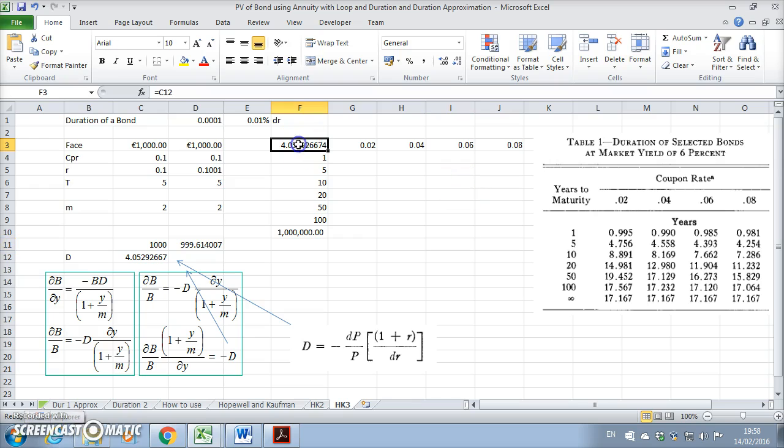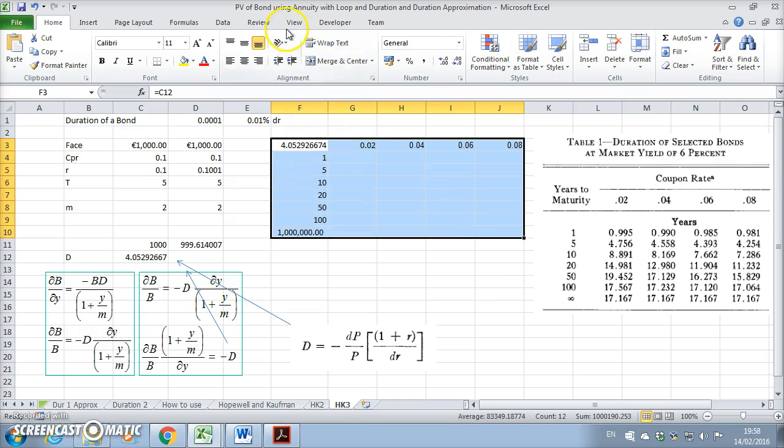So I've set this cell equal to the estimation for duration using this type of construction. I want to consider different coupon rates and different time periods, similar to table 1 of Hopewell and Kaufman.